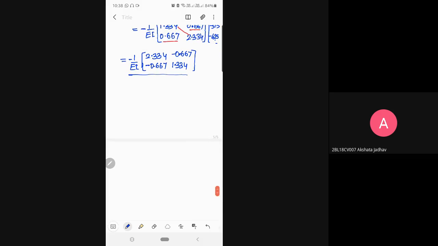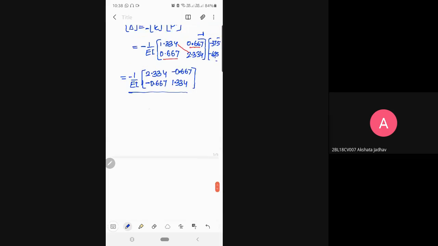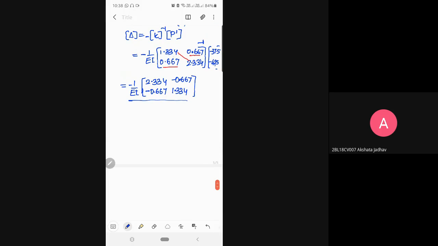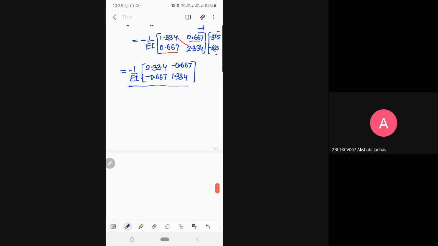What is the determinant A? Determinant A is 1.334 into 2.334 minus 0.667 square. Multiply by that P dash value, minus 37.5, minus 42.5.